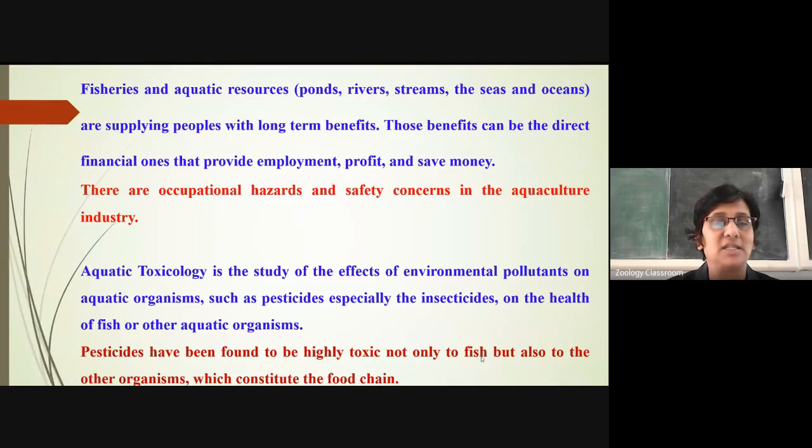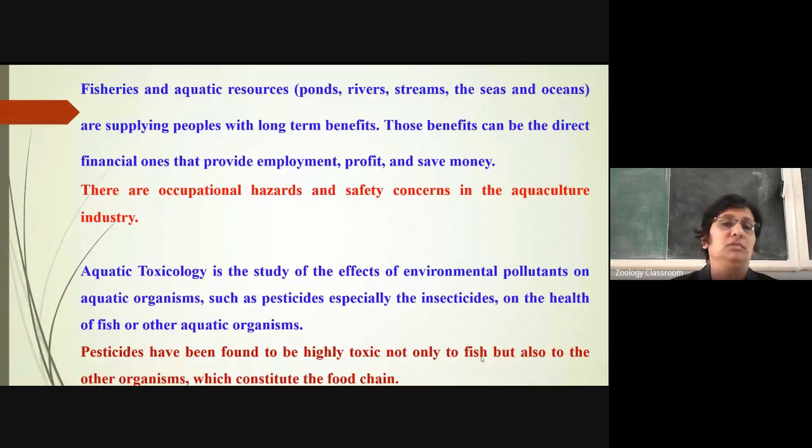The toxic agents act on the body of the fish, on its cells, and various organs are affected. The muscular structure of the fish is also affected, and after consuming that type of fish, adverse effects are observed in the human body also.